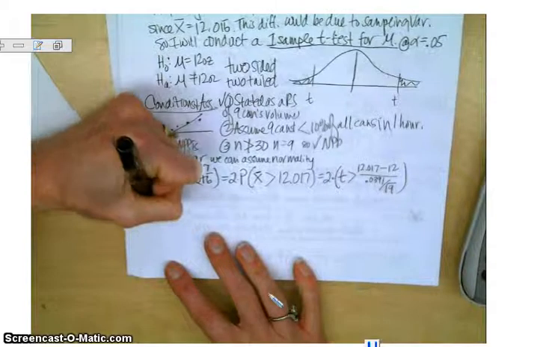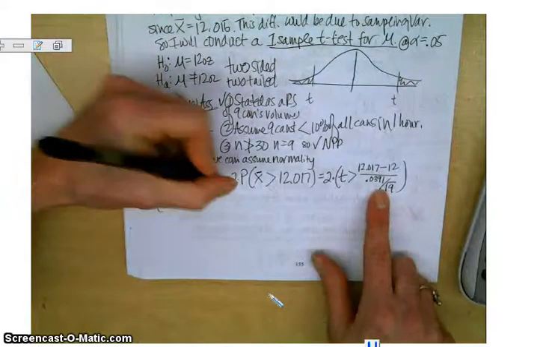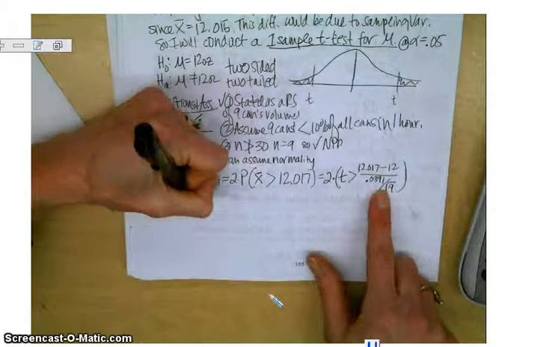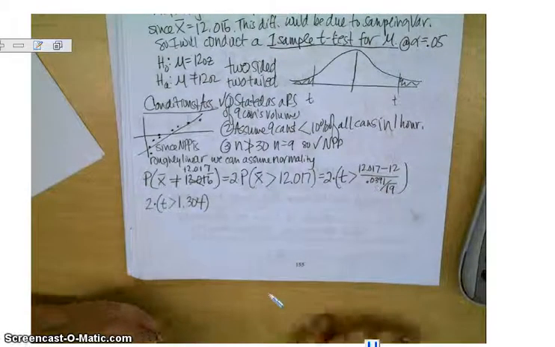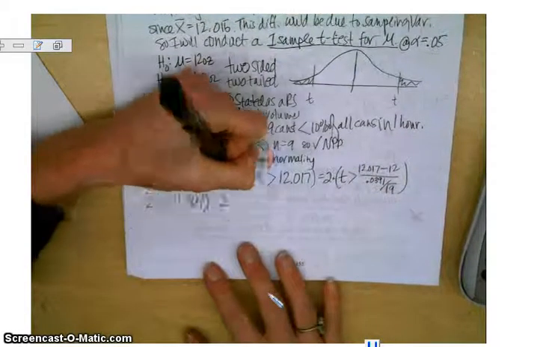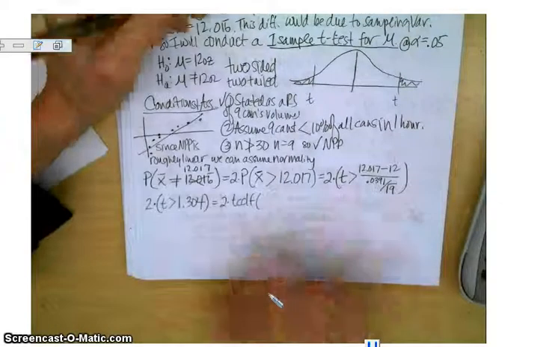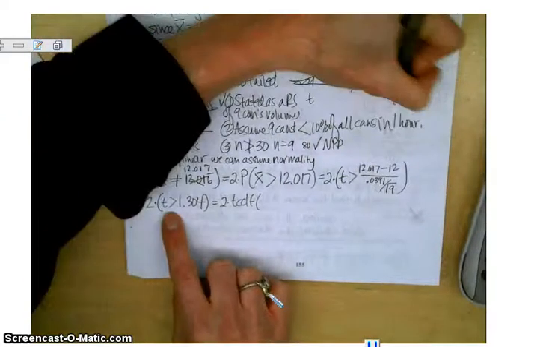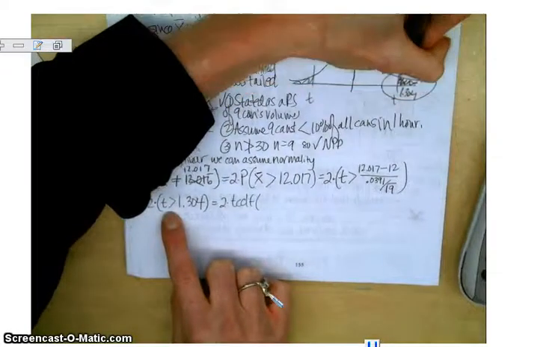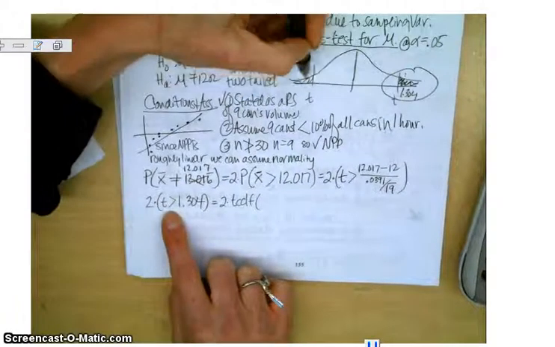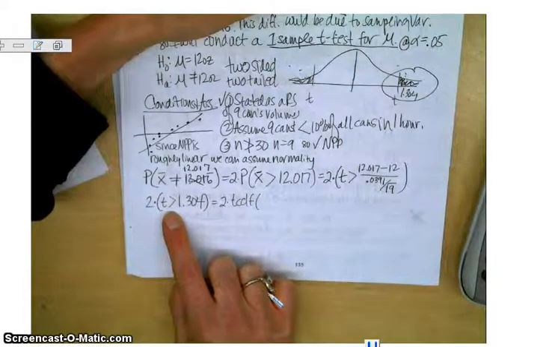When you do that in your calculator, your t-value is 1.304. Now I'm going to do 2 times TCDF. If we're doing the greater than, we're doing this side up here, 1.304. It'll be the same probability as this other side. That's why we multiply by 2 in the end.